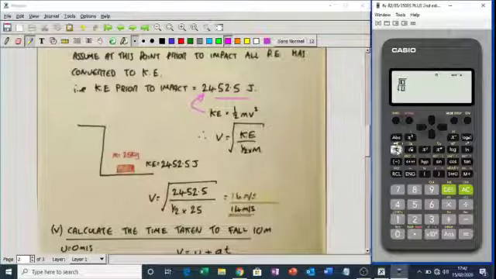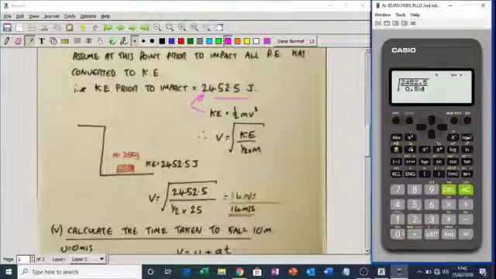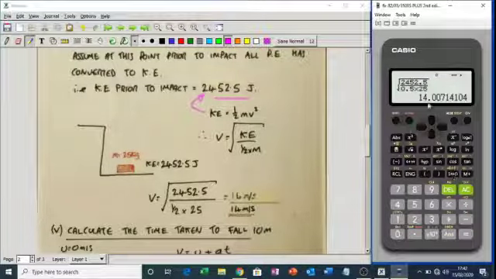In your calculator, do it like this. 2452.5, divided by 0.5 times 25, which is the mass. Press equals and it gives you a number. Don't want that. 14.